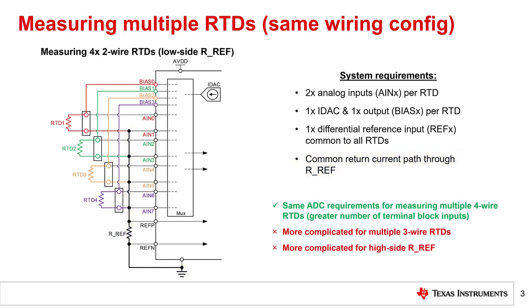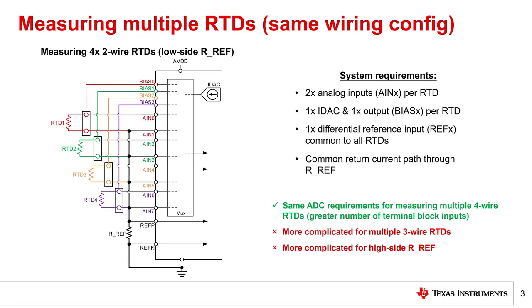This same system can be used to measure 4-wire RTDs as well, though this requires a different number of terminal connections. However, a more complicated design is required when measuring 3-wire RTDs or using a high-side RREF. Both of these configurations are discussed later in this presentation.